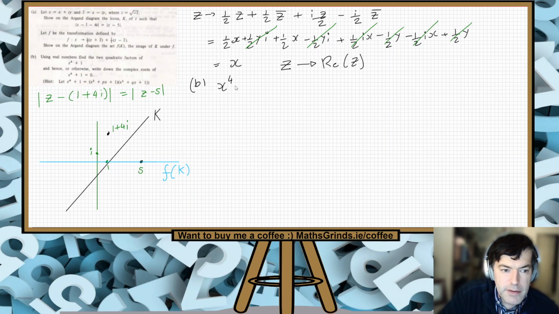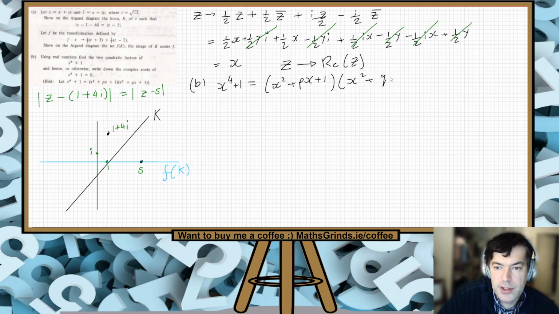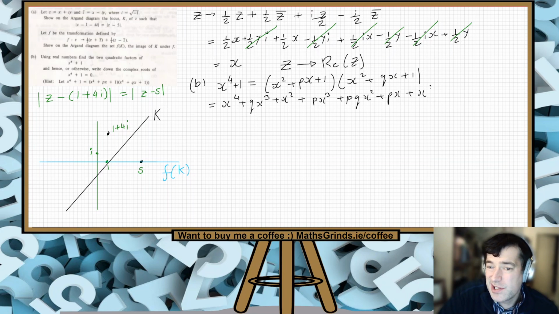So x power 4 plus 1 is equal to x squared plus px plus 1 times x squared plus qx plus 1. So that would be x power 4 plus qx cubed plus x squared plus px cubed plus pqx squared plus px plus x squared plus qx plus 1.